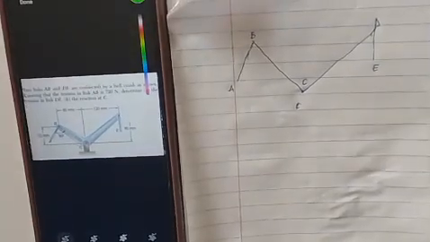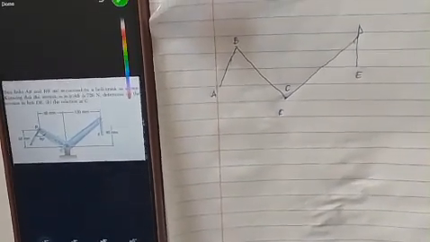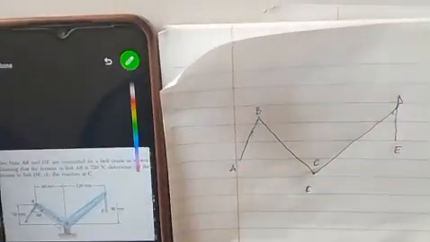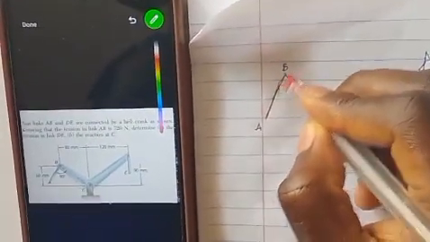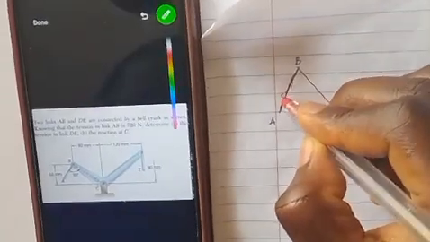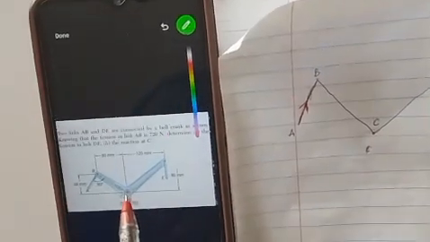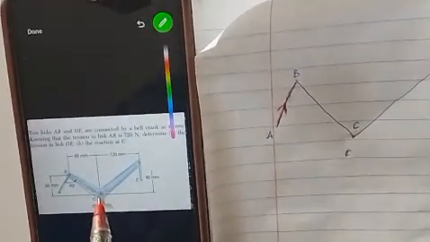Now let's write out all the forces in this particular case. So now, as you can see, this particular link AB is having a tension here. Let me use the red pen to indicate the tension. The direction of the tension is in this sense. Now, this particular C is a pin, like a hinge.